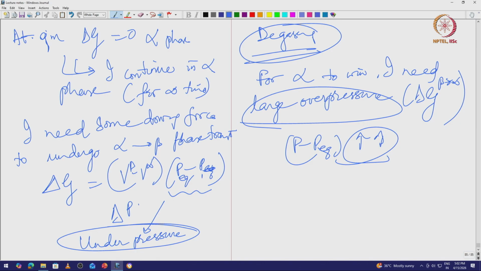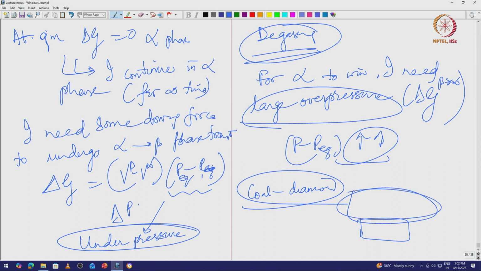In the case of coal and diamond, there are these volcano events, there are earthquakes and other things. So, some coal got buried inside the earth's crust, right. There is some amount of pressure that the earth's crust is applying on the coal, right.